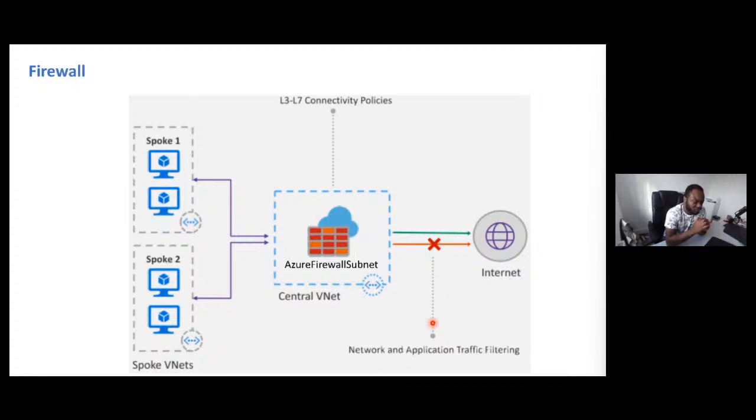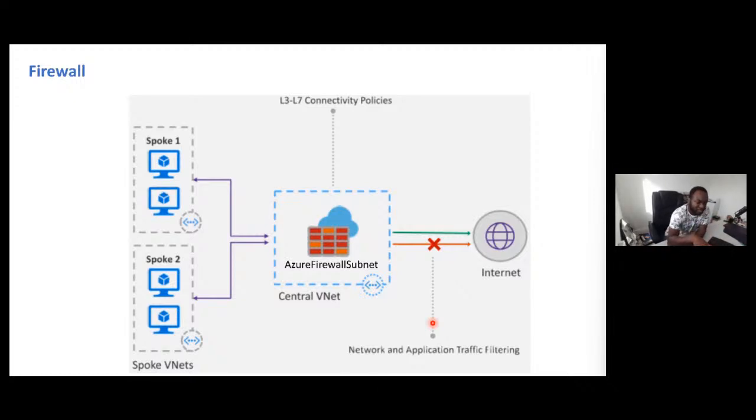When you're creating Azure Firewall on the Azure portal, or using other mediums like the CLI or PowerShell, you need to define a specific subnet. The same logic applies to Azure Bastion. You need to define a subnet called AzureFirewallSubnet, and that subnet will be utilized for the firewall service.